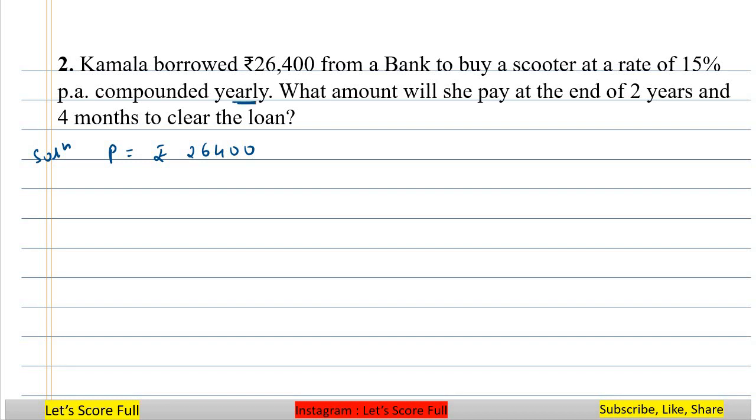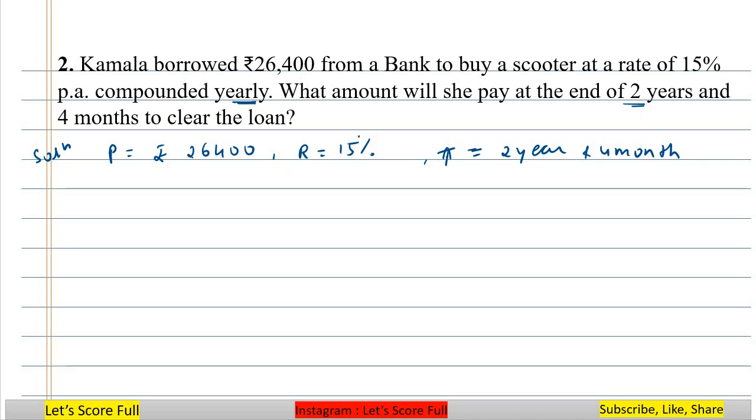What amount will she pay at the end of 2 years and 4 months?